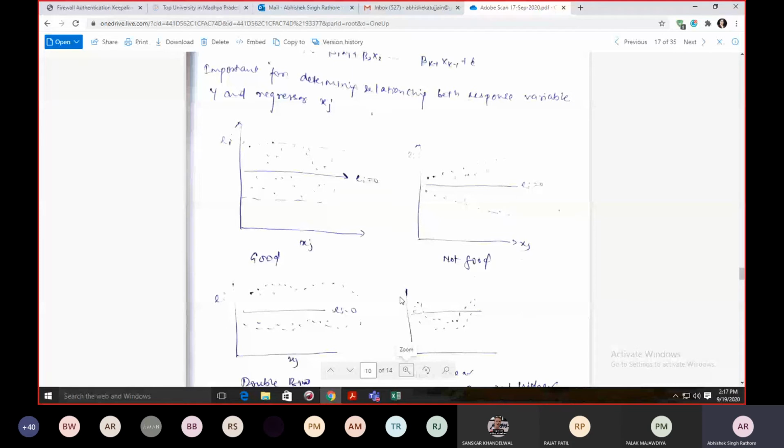Since your regressor variables are linearly related with your yi, and our residuals are linearly related with your yi, your regressor variable xi or xj is also linearly related with ei, for simple linear regression and for multiple linear regression.